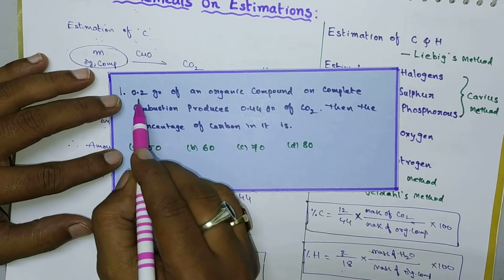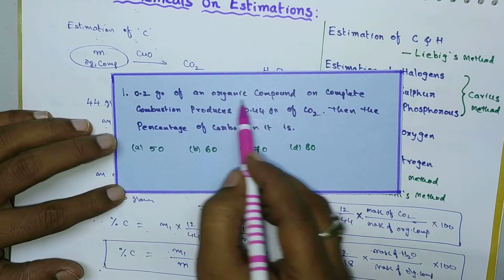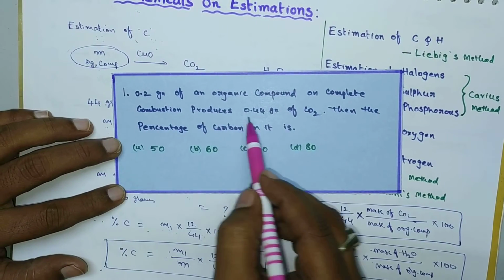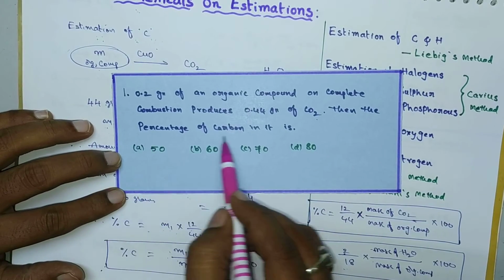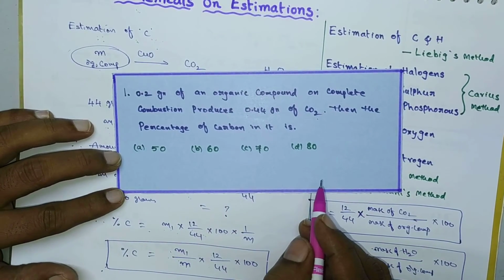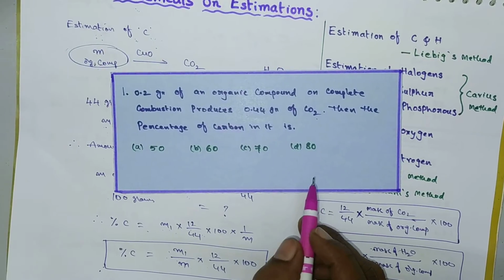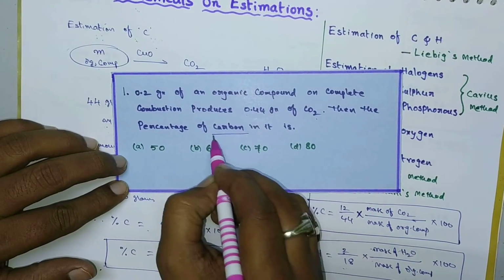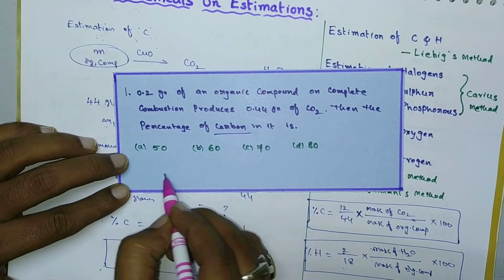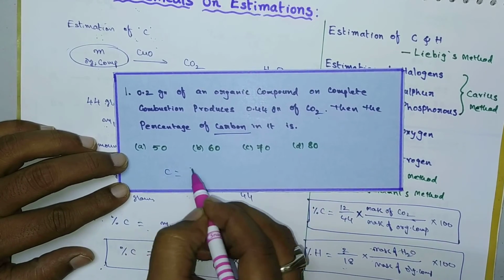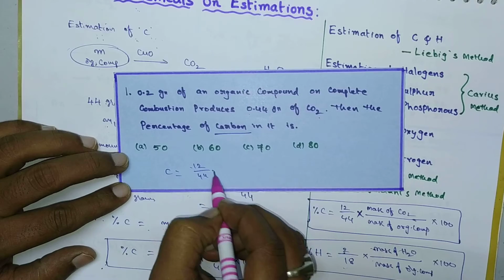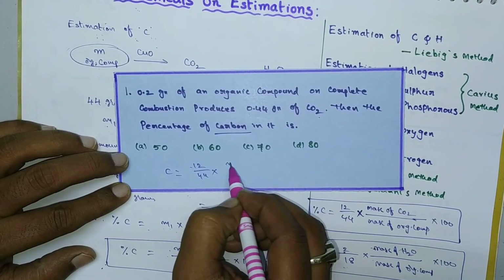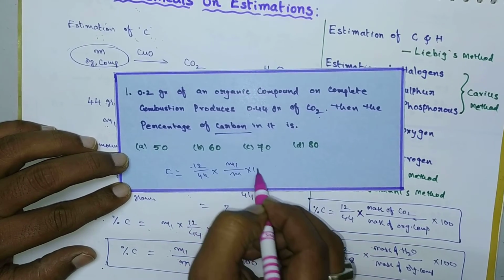So the first one: 0.2 grams of an organic compound on complete combustion produces 0.44 grams of carbon dioxide. Then the percentage of carbon in it is? What is asked is to calculate the percentage of carbon. So what is the formula? Carbon percentage is equal to 12 by 44 into m1 by m into 100.